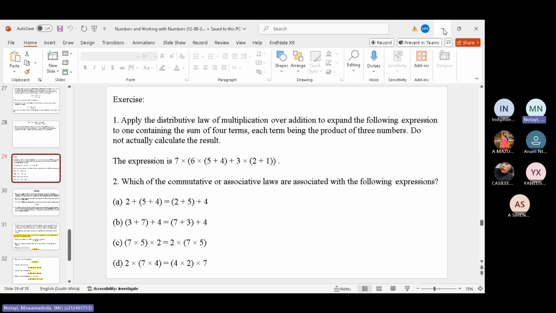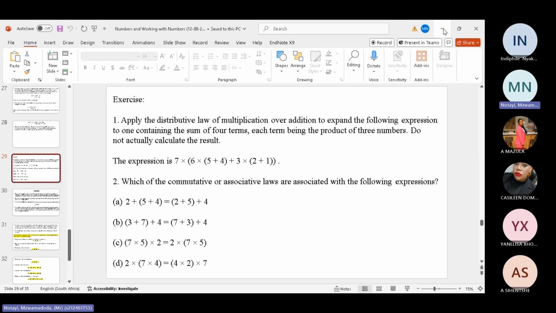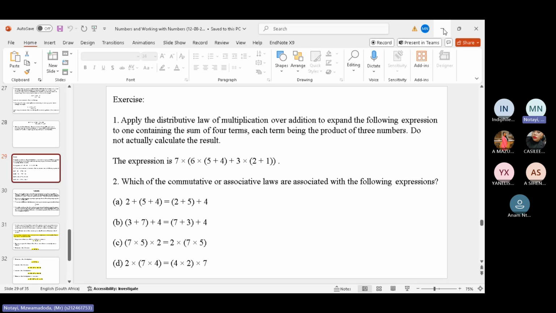But the question says the four terms must have 3 numbers each. Now here we have established the two-numbered terms. So I wanted you to write where the third number will come from. What is the third number of all those terms?